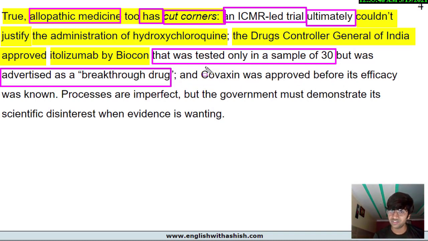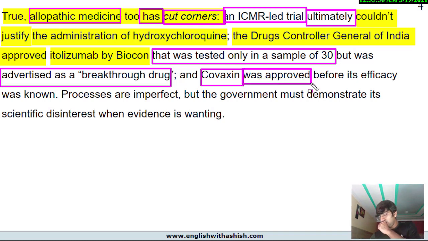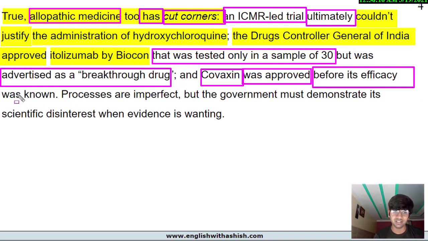Covaxin was approved. Subject of this clause, Covaxin; was approved, verb phrase. And Covaxin was approved when? Before its efficacy was known, before its effectiveness was known. All right. So let me explain what we have in this clause. We have the subject Covaxin, and a verb phrase in the passive voice, was approved. We're not talking about who approved it, we are talking about the action.